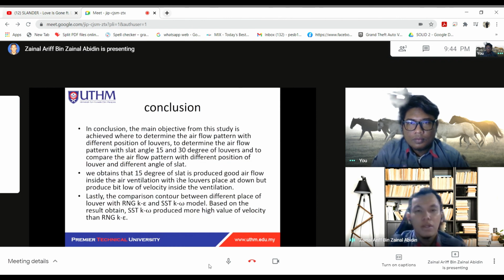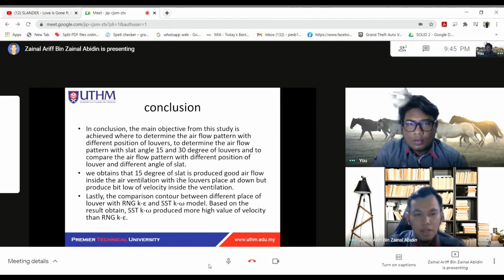And for the conclusion, the main objective of this study is achieved, which was to determine the airflow pattern with different positions of the louver. Based on this study, we can also determine the airflow pattern with slant angles of 50 and 30 degrees of the louver.